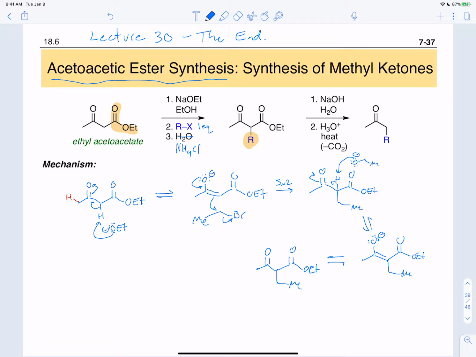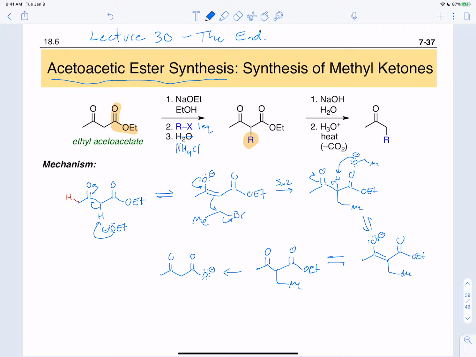Now in the next step, we have a couple things that can happen, right? We have sodium hydroxide, and then we add an acid, and we see we lose CO2. So if we added sodium hydroxide to an ester, we know that this is going to hydrolyze that ester. So I'll show the hydrolysis product.